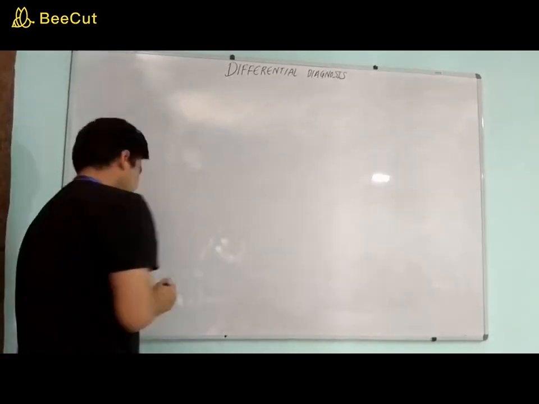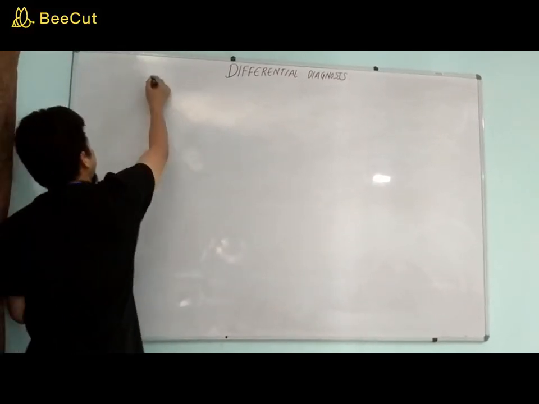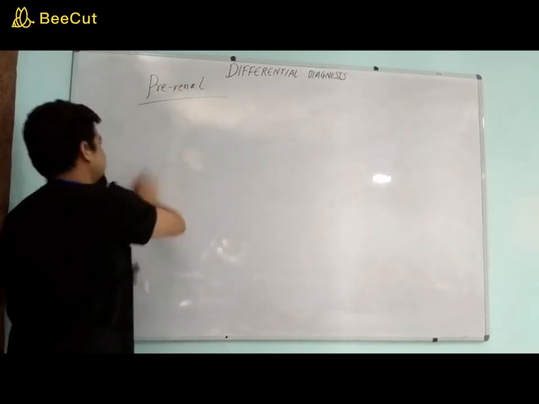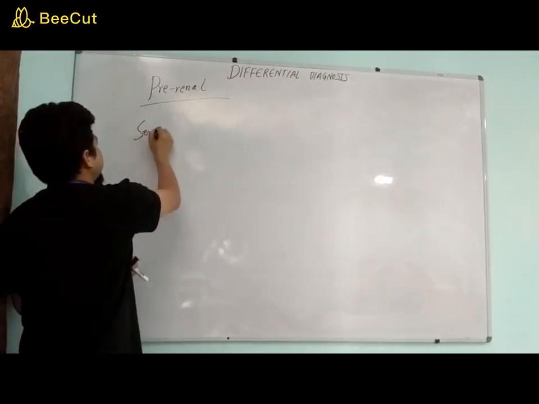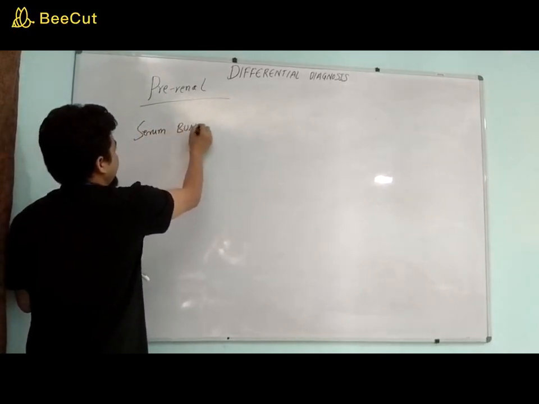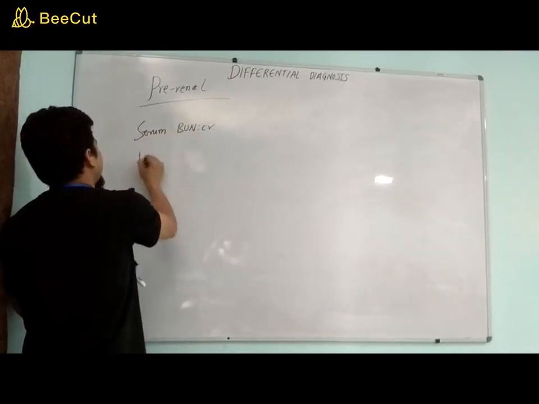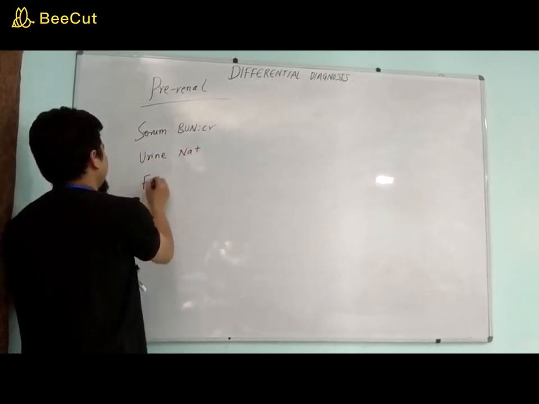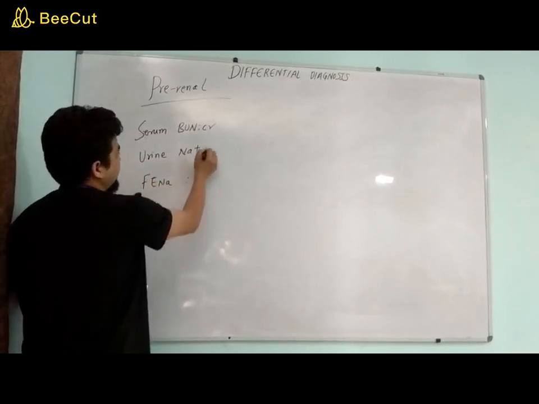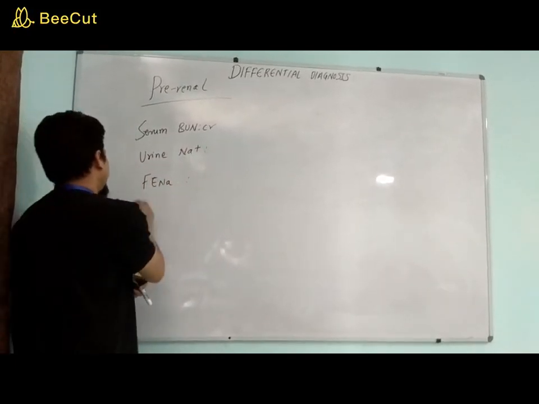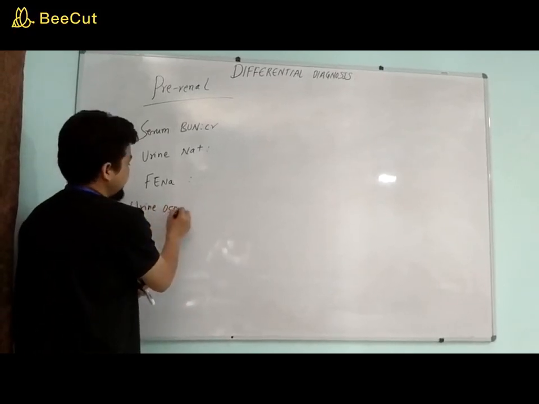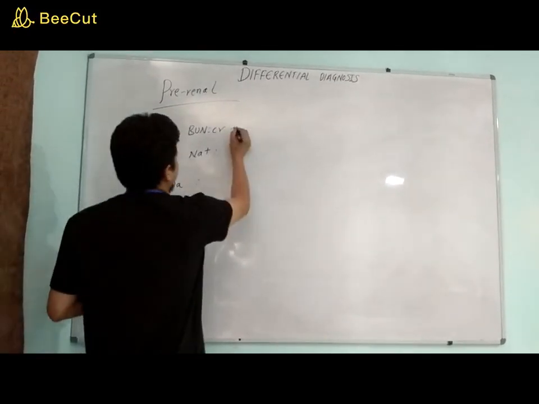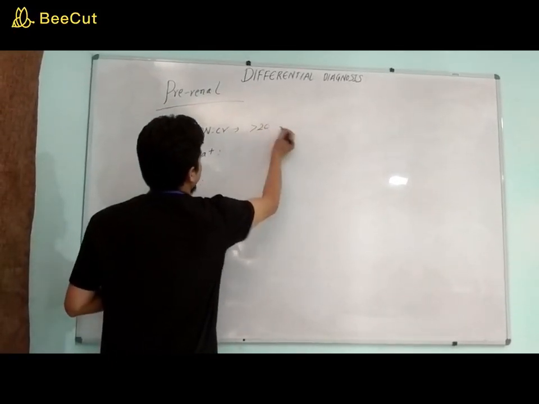First, I am going to discuss these parameters in pre-renal disease. In pre-renal disease, the BUN to creatinine ratio will be greater than 20.